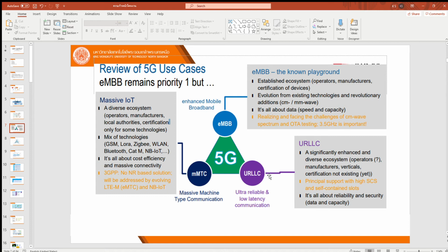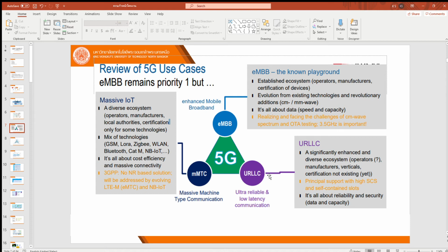And also the last one is URLLC, ultra reliable low latency communications. This is important compared to 4G LTE because 4G LTE has some problems when the vehicle drives so fast. Let's say like railways that can go at speeds higher than 300 kilometers per hour.